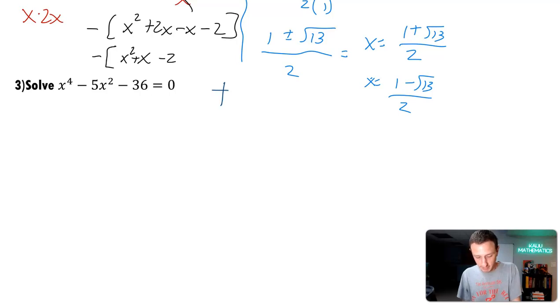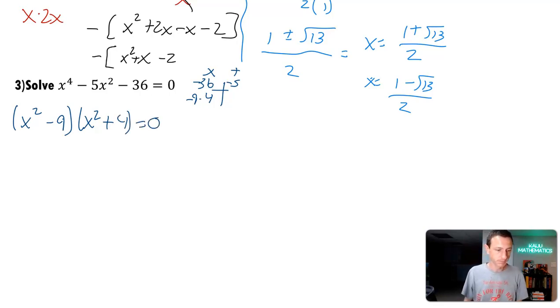Think about the factoring. If I can find two numbers that multiply to a negative 36 and add up to a negative 5, that would be negative 9 and positive 4. Because negative 9 times positive 4 is negative 36. Negative 9 plus 4 is negative 5. So this would just factor to x squared minus 9 and x squared plus 4. So it's just factored.